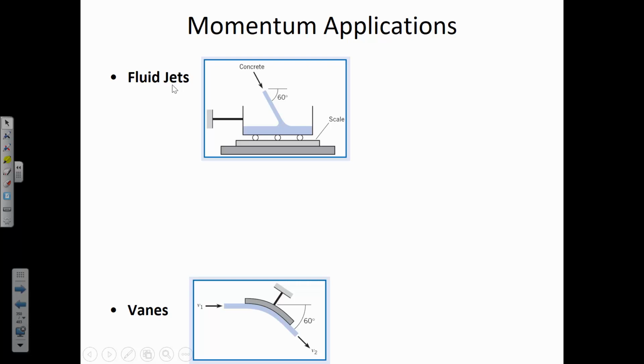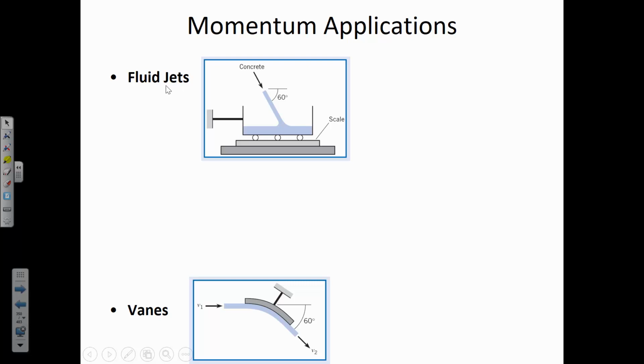But in both of these cases, we'll follow the same approach of putting a control surface around the object of interest where there's a collision or an accumulation of fluid occurring. And then we're going to look at the stream of fluid that's coming in, the stream of fluid that's coming out, the direction of the velocities, the mass flow rates, and then try and look at the forces that arise.